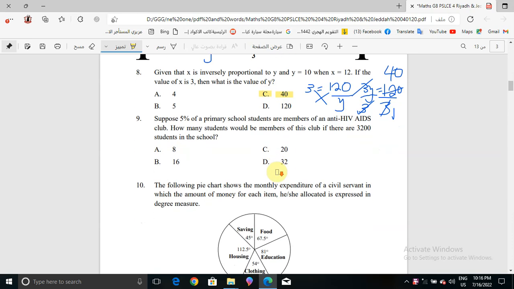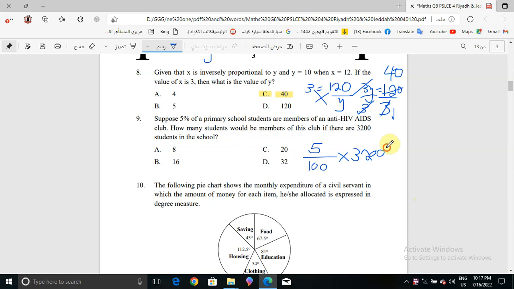Okay, now in question number 9, suppose 5% of our primary school students are members of an antivirus HIV/AIDS club. How many students would be members of this club if there are 3,200 students in the school? What we will do here, it will be 5 over 100, because we have 5%, times 3,200, right?